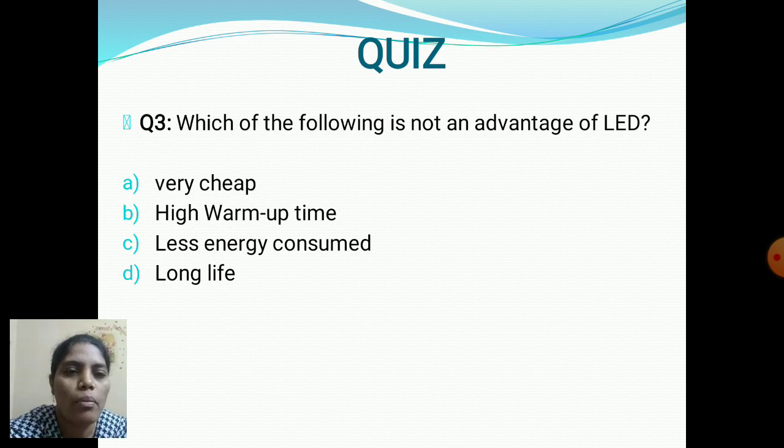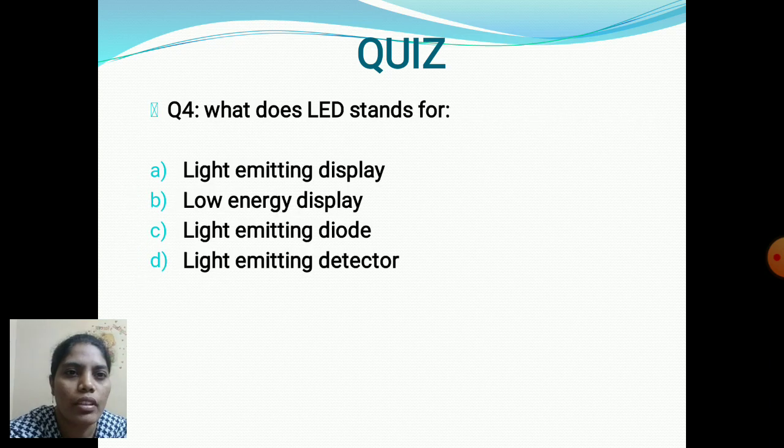So high warm up time is not an advantage of LED. What does LED stand for? Is it light emitting display, low energy display, light emitting diode, or light emitting detector? So it is light emitting diode.